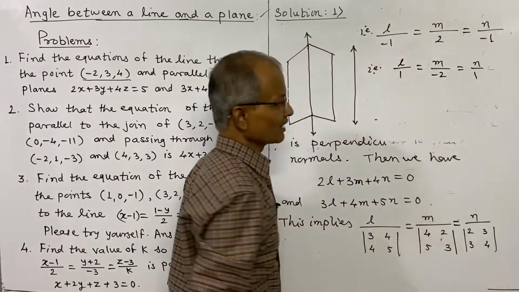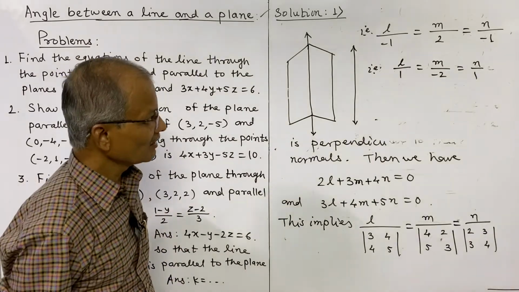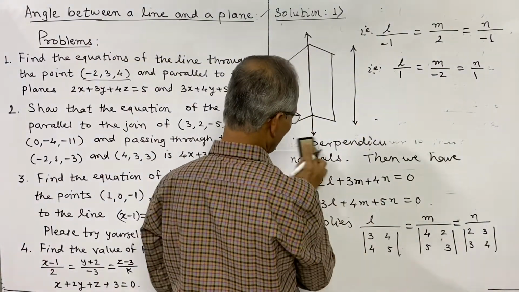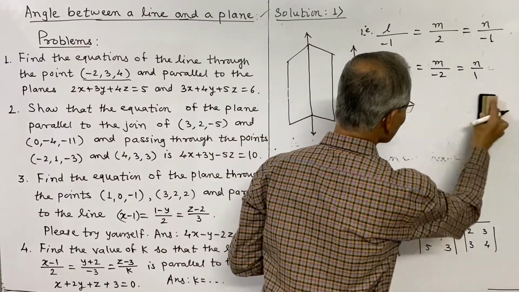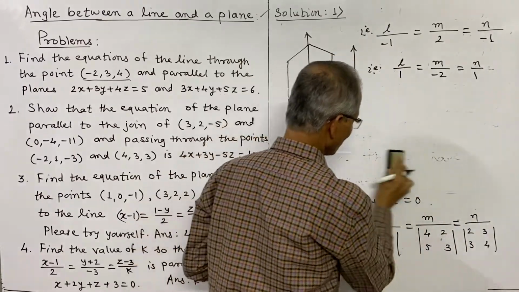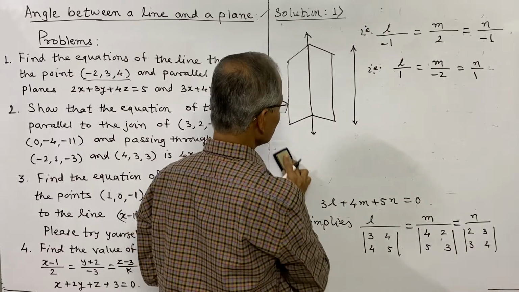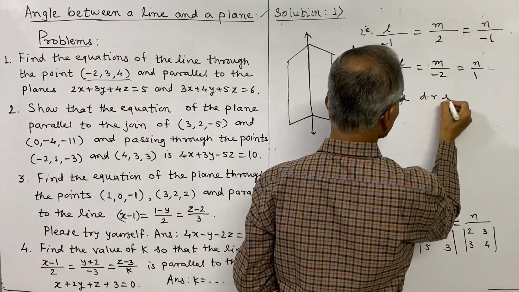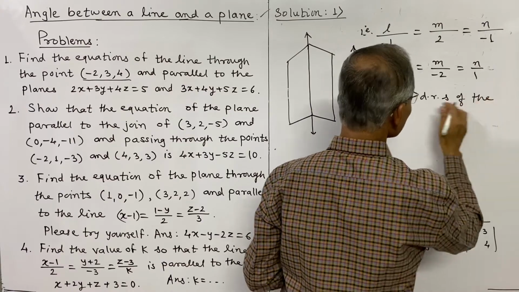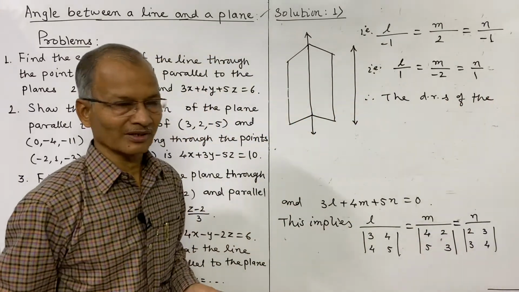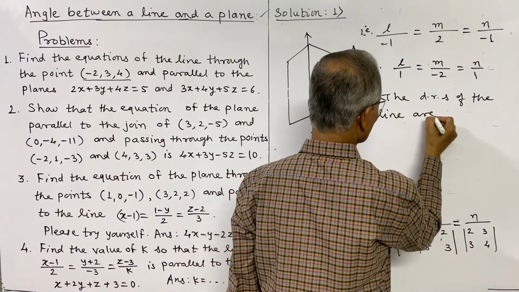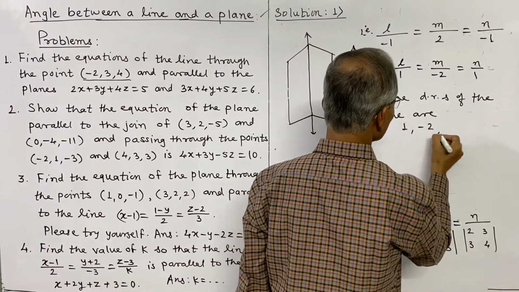So these are the direction ratios of the line. DRs is the short form of direction ratios. Direction ratios of the line are 1, minus 2, 1.